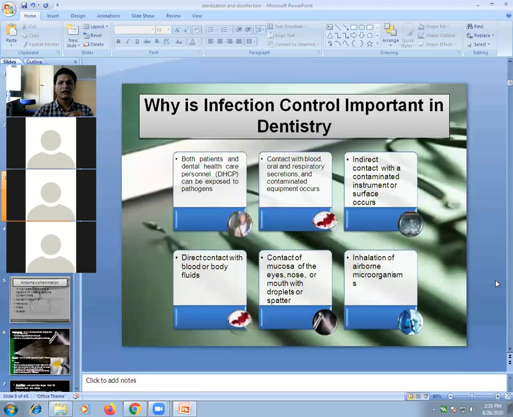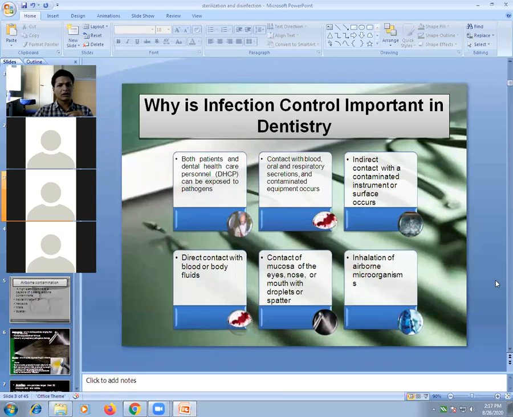Next slide. Why is infection control important in dentistry? Both patients and dental healthcare personnel can be exposed to pathogens. Contact with blood, oral and respiratory secretions and contaminated equipment occurs. Indirect contact with contaminated instruments or surfaces occurs.